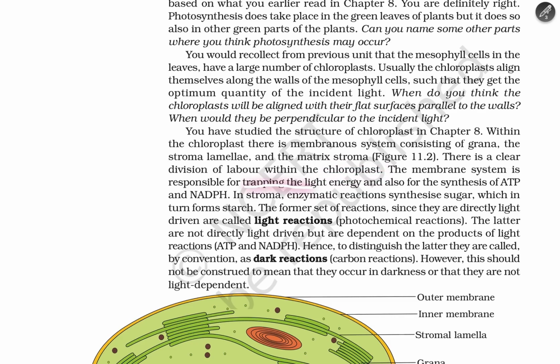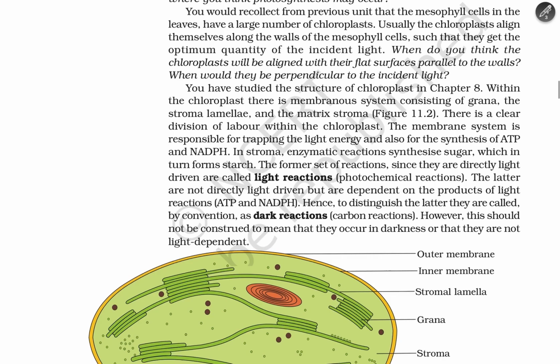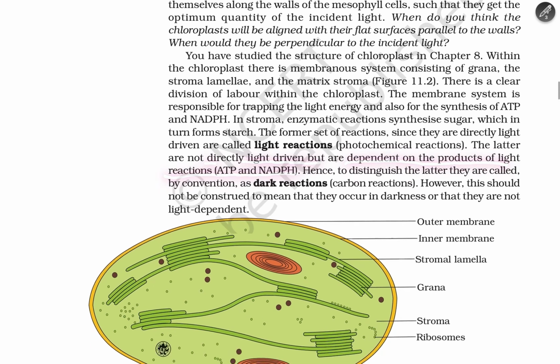The membrane system is responsible for trapping light energy and also for the synthesis of ATP and NADPH. In the stroma, enzymatic reactions synthesize sugar, which in turn forms starch. The former set of reactions are directly light driven, the light reactions or photochemical reactions. The latter are not directly light driven but are dependent on the products of the light reactions, ATP and NADPH.